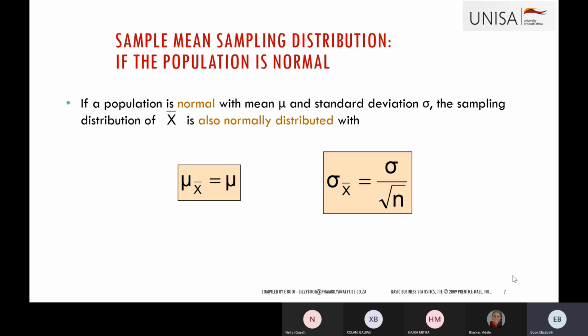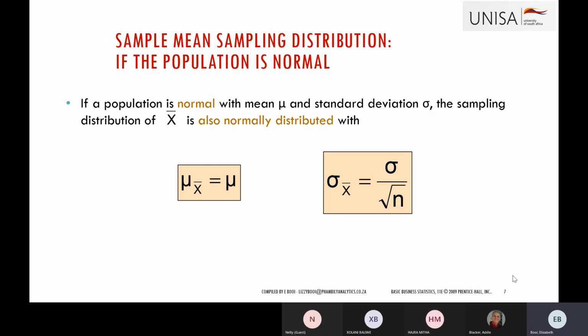With sampling distribution, you would have learned in your module that the mean of a sampling distribution of the mean is the same as the population mean.